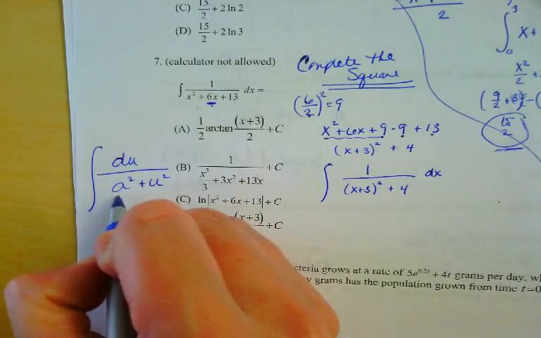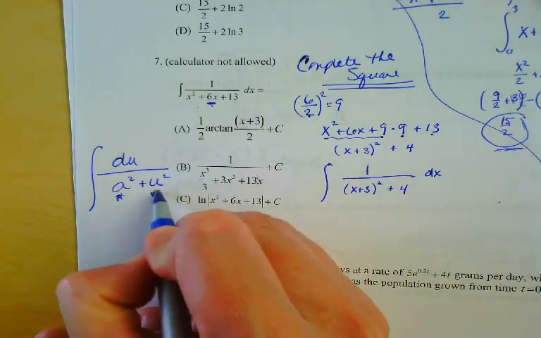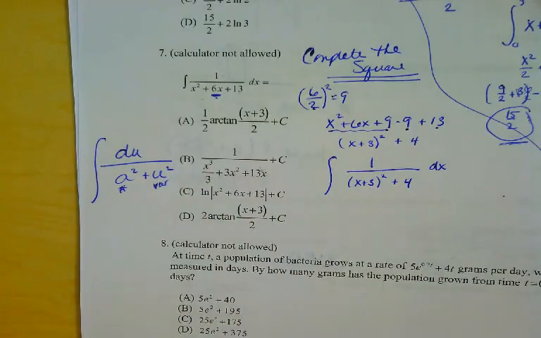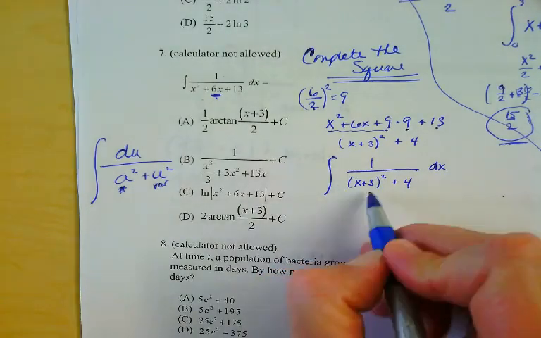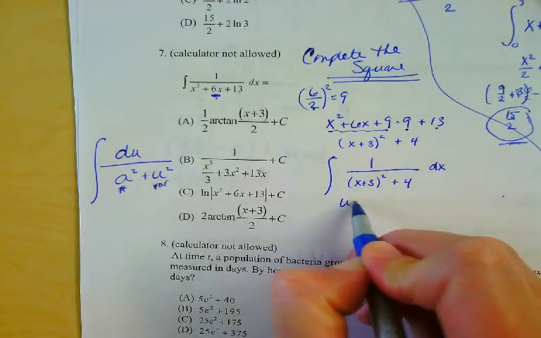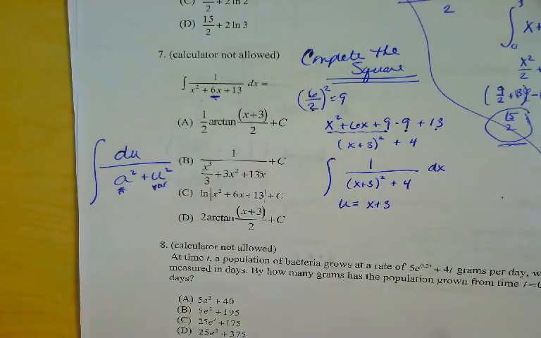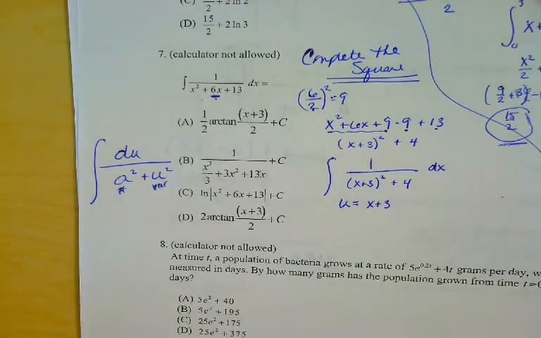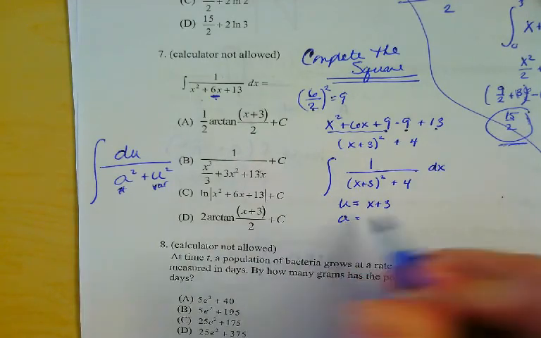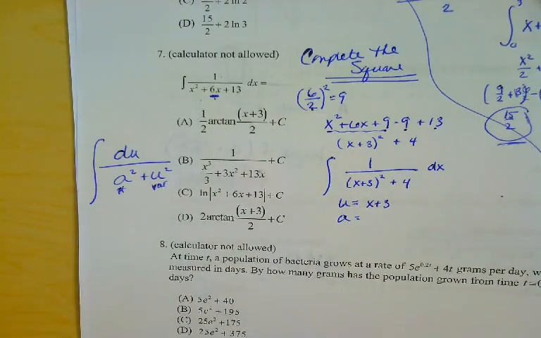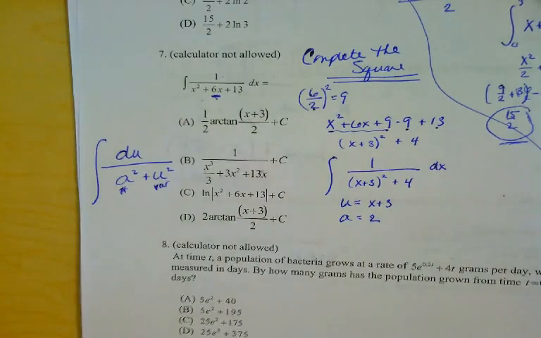All right, so again, just to remind yourself, a is the number, u is the variable. So I have to ask myself, who am I squaring to get each of those? So my u is just the x plus 3. That's obvious. That's the variable squared here. And how about my a? Who am I squaring to get 4? 2. Okay.